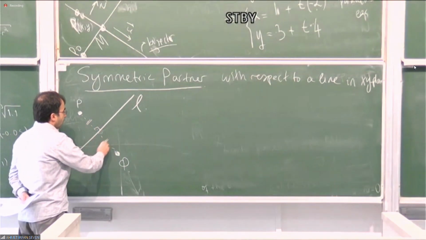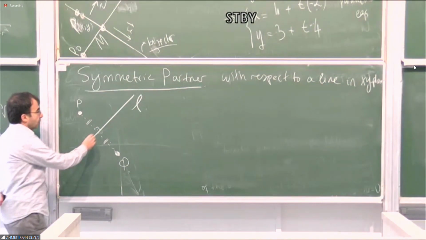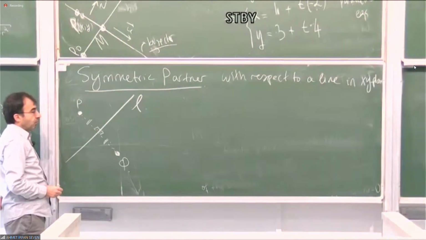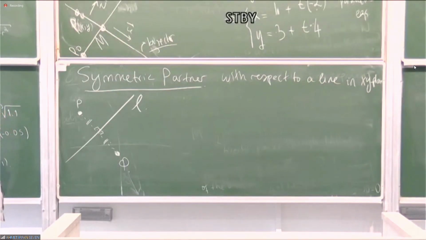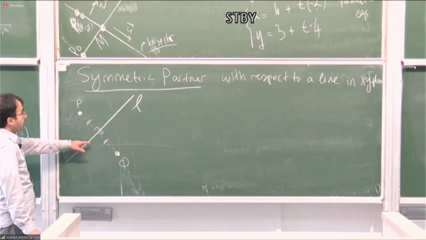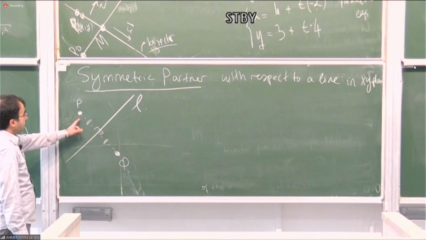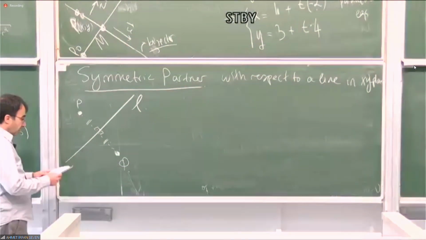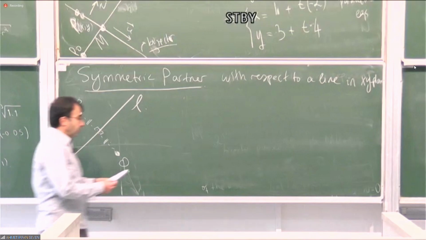So we want to find Q such that the distances from P and Q to the line are the same.